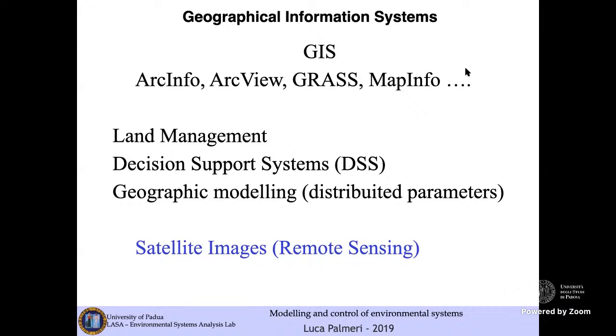The basis of this distributed parameter model is a GIS application. GIS is Geographical Information Systems. Here I have listed a series of software tools: ArcInfo, ArcView, GRASS, MapInfo, and so on.